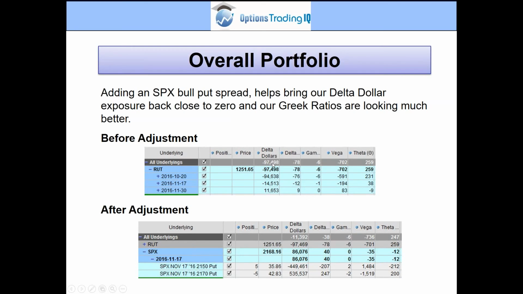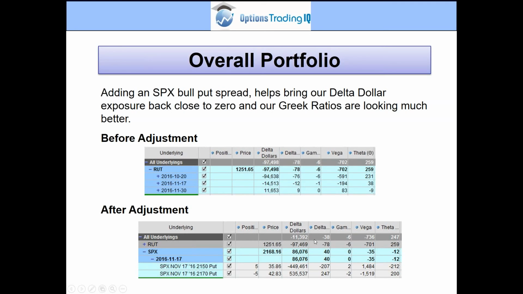Here we've got delta dollar of 97,000 and a delta of negative 78. We add the SPX trade in, and the bull put spread gives us positive delta. Now our delta dollar exposure is down to negative 11,000, so much more reasonable for that sort of portfolio. We haven't had to adjust our other trades, so this is something you can think about doing. And what I'm talking about using delta dollars instead of delta: here our delta dollar is much higher than our delta, much more than 1,000 because of the price of the underlying.